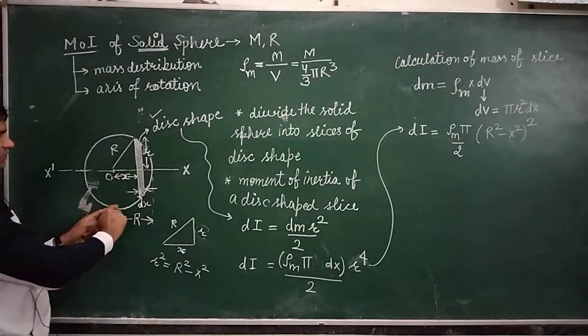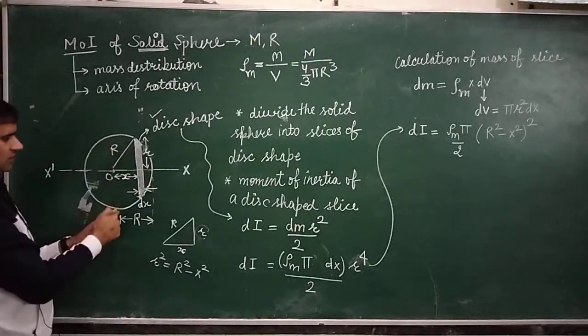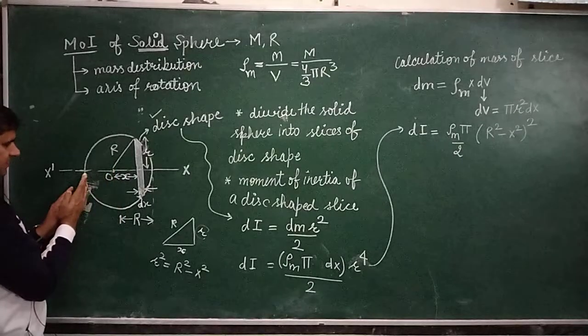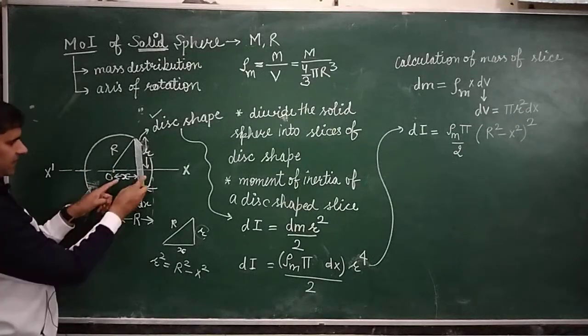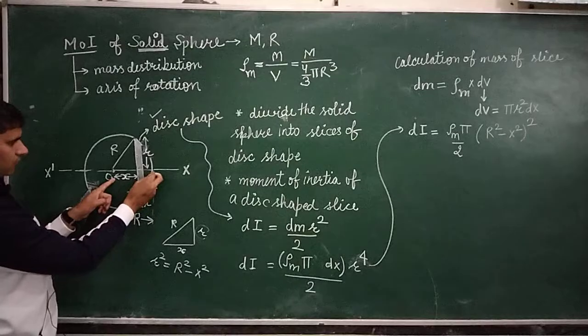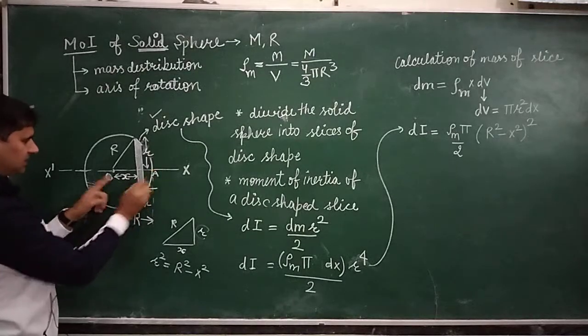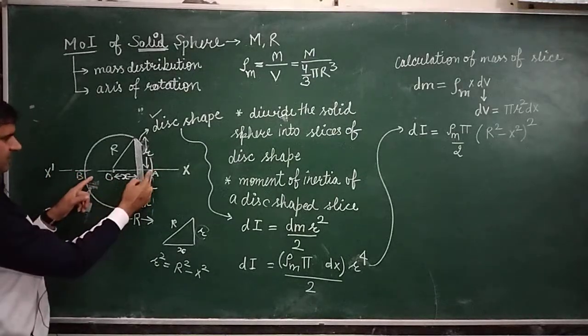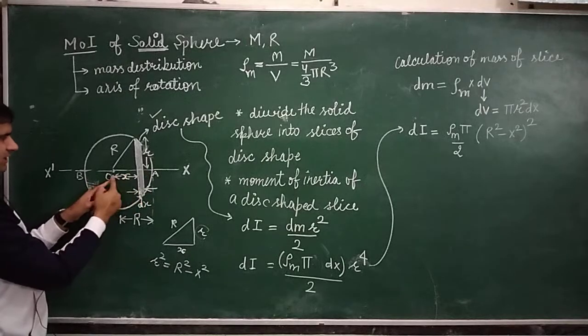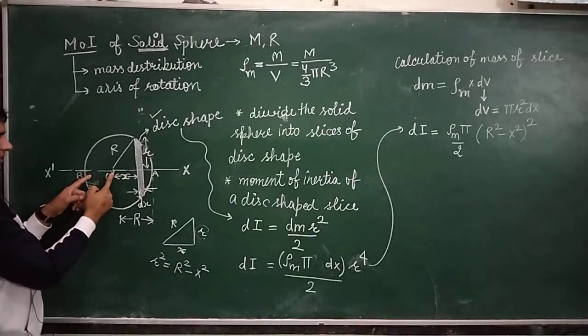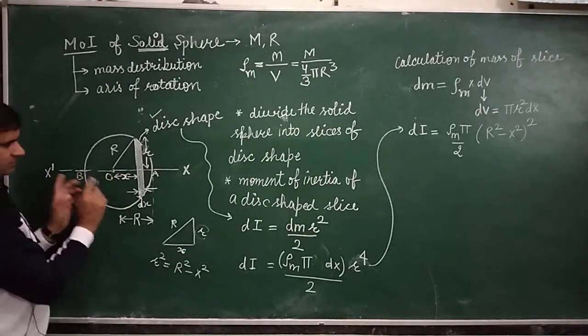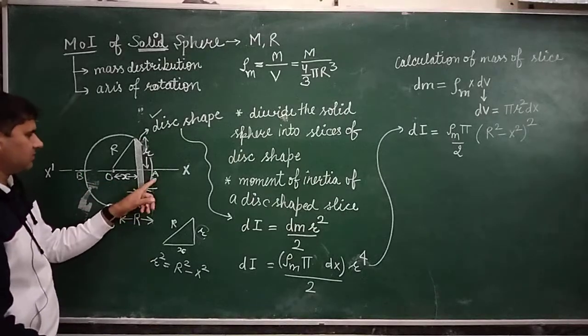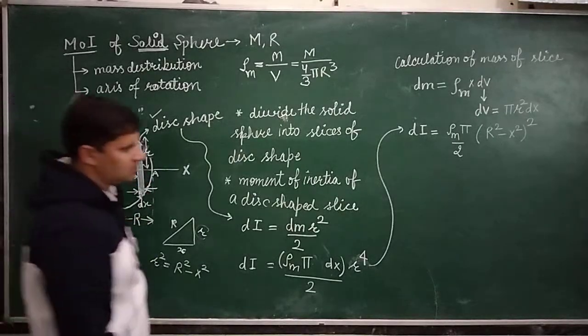The maximum size will be here when you cut along the diameter, and then the size will decrease. Let this point be A and this point be B. If you move from A to O, x will decrease, and after O, from O to B, x will increase. So the limits of integration will be minus x to plus x.